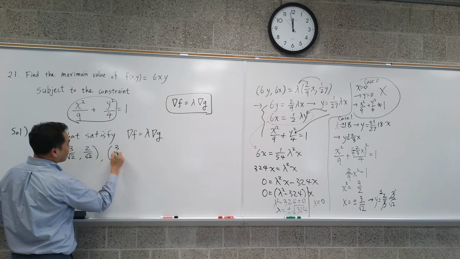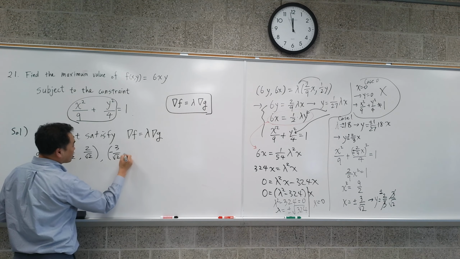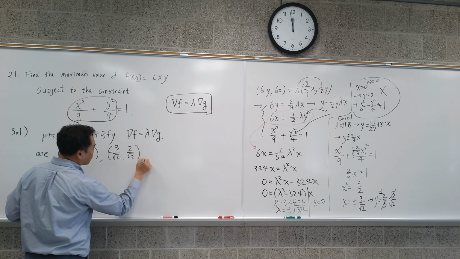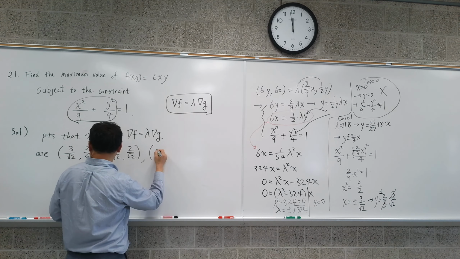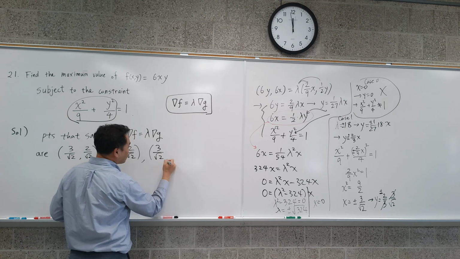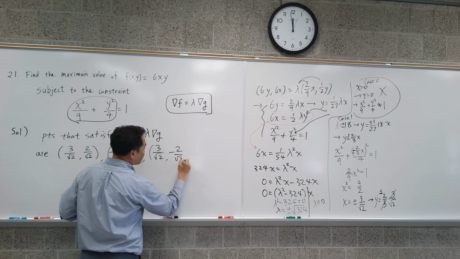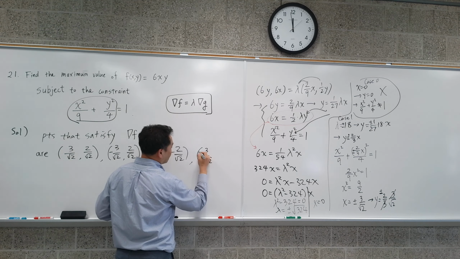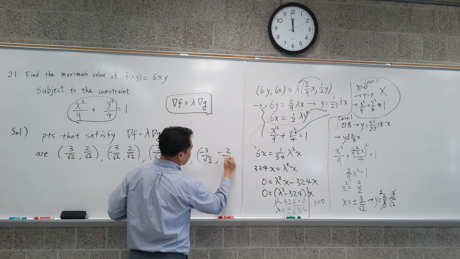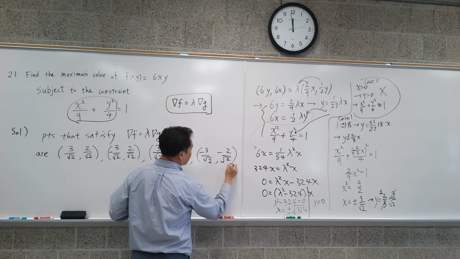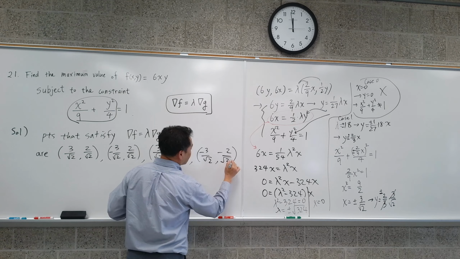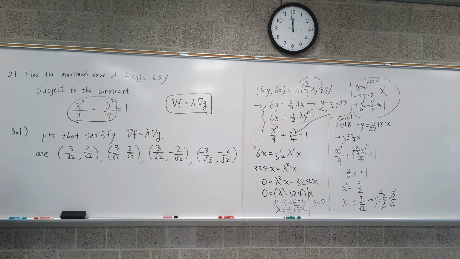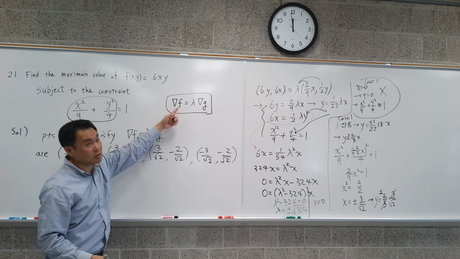You could also have negative 3 over square root of 2, comma 2 over square root of 2. Positive 3 over square root of 2, but this time negative 2 over square root of 2. And then both negative. Okay. So these are all the possible values of x and y that would satisfy the equation.